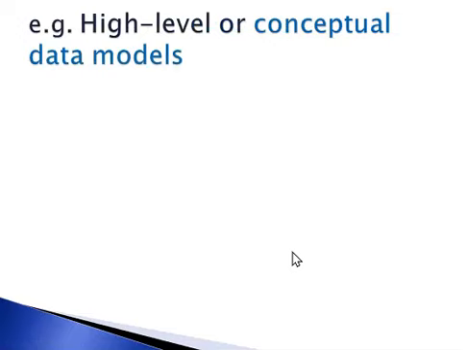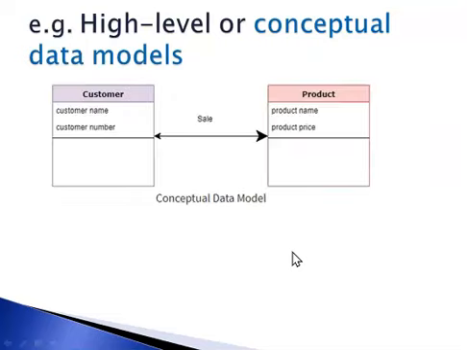If I want to represent information about customer and product using a conceptual data model, how do I do it? I represent two entities, the customer entity and the product entity. The name of this entity is customer, the name of this entity is product.